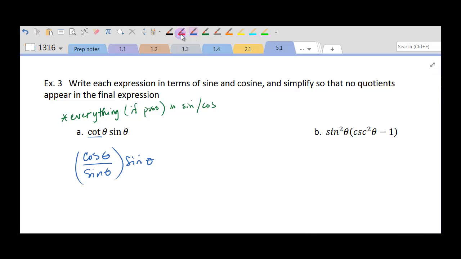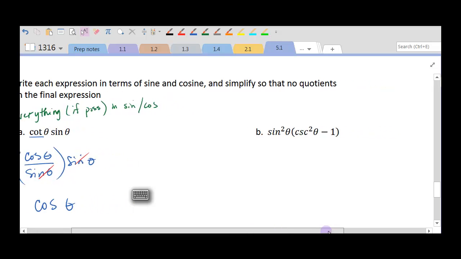So the rules of fractions in algebra are still going to apply because I want to simplify this now. Sine theta is going to cancel diagonally, and this just leaves me with cosine theta. So that's a pretty simple example, but it kind of gets us going in the right direction.